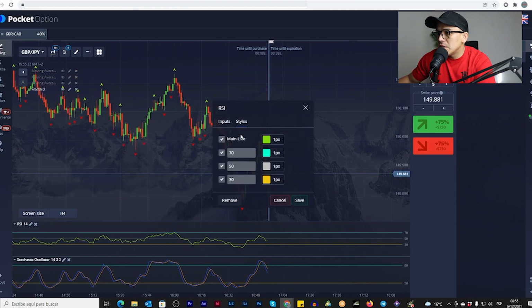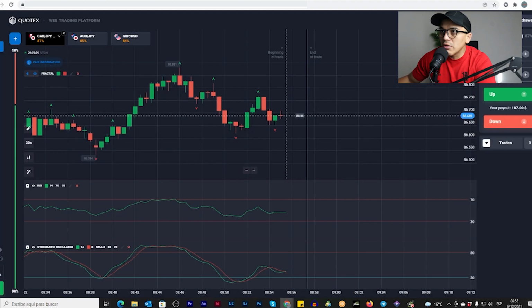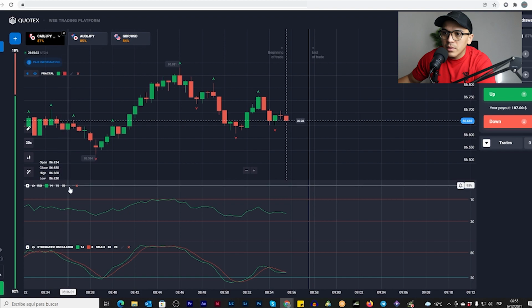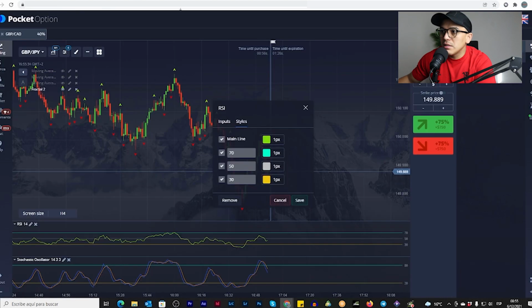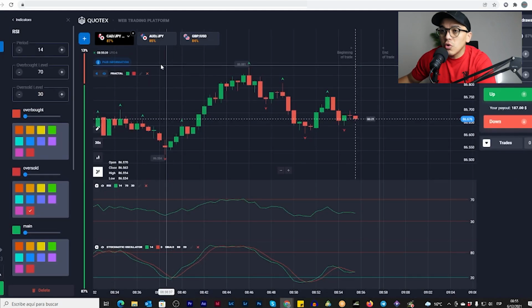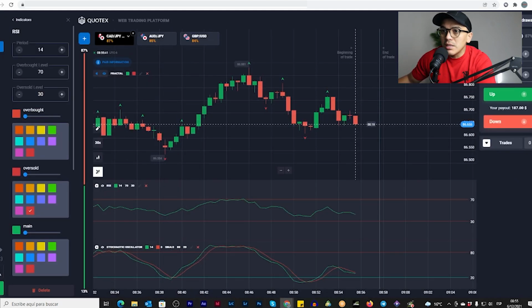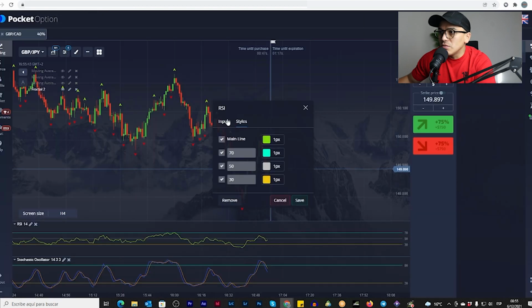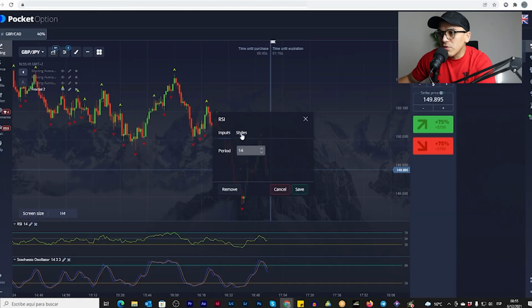Let's check it out with the Pocket Option broker. Let's check the RSI: 14, 70, and 30, right? It's totally different between these ones and these ones, but the period is 14.